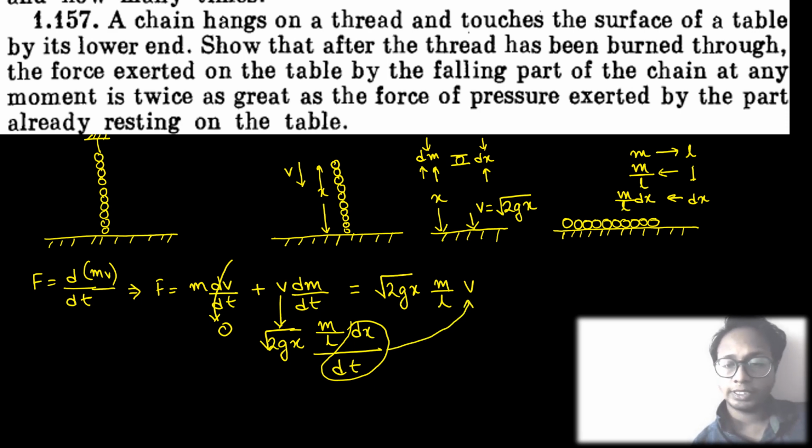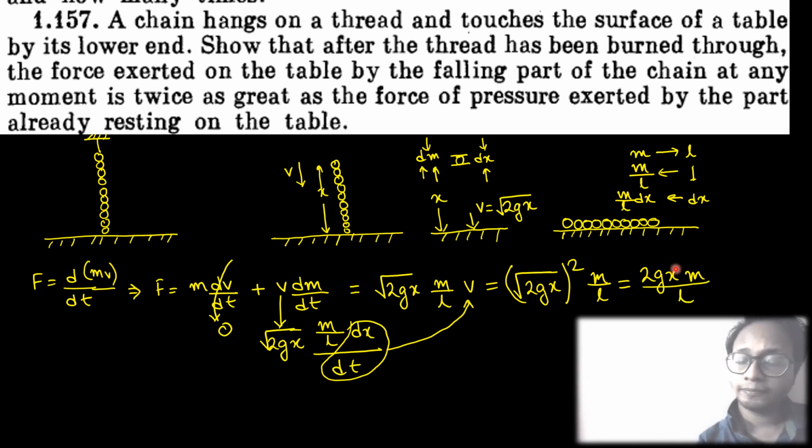And what is velocity? Velocity is nothing but under root of 2gx. So it is equal to under root of 2gx into m by L into under root 2gx, which is equal to under root 2gx square into m by L, which is equal to 2gx m by L.